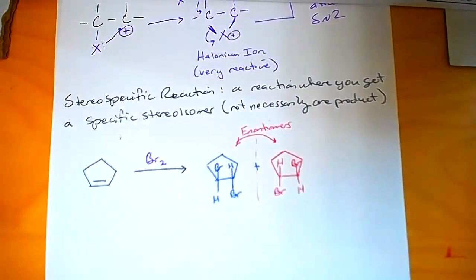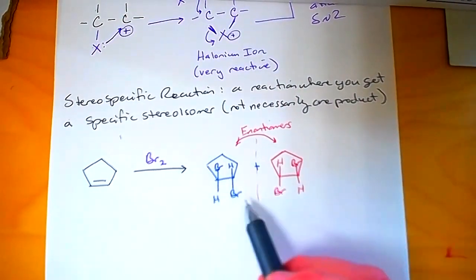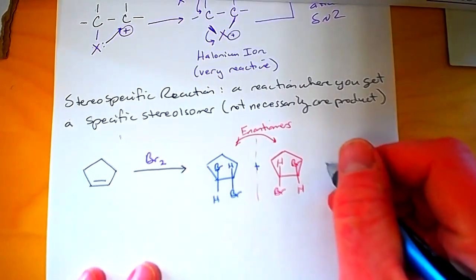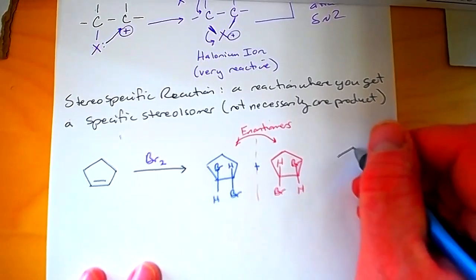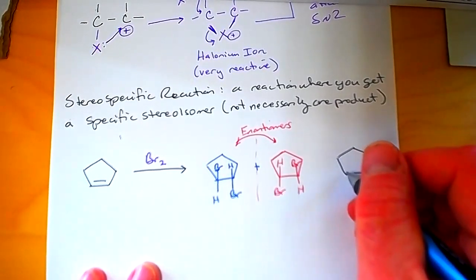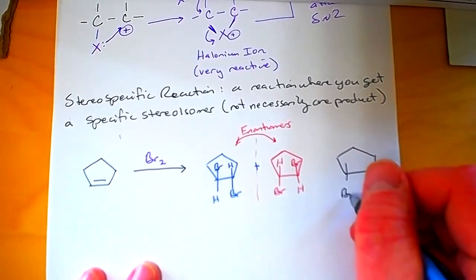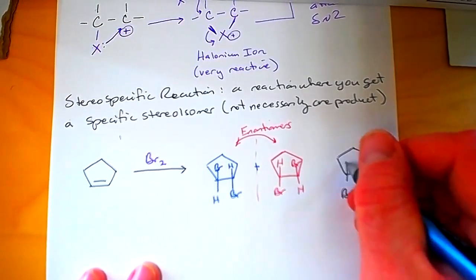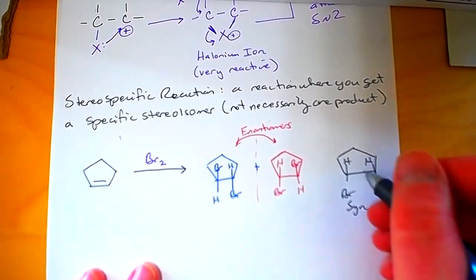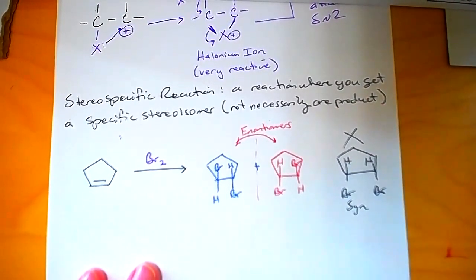So what makes this stereospecific is not that it produces one of these, it is the fact that it does not produce any of the isomer where the bromines are on the same face, these syn additions, so we don't see this.